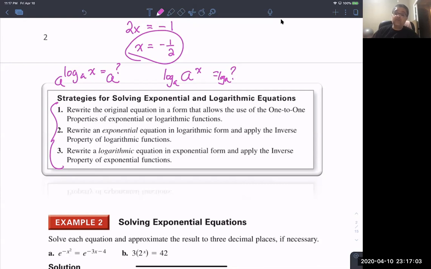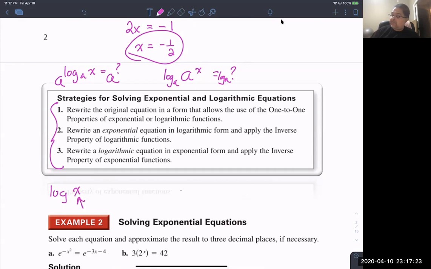And if you have multiple exponents, you may have a quadratic type exponent. Make sure that the answers you get coincide with the properties of logarithms, namely that the inside of the log cannot be negative. So this portion can't be negative.